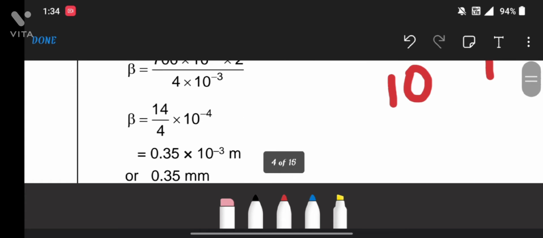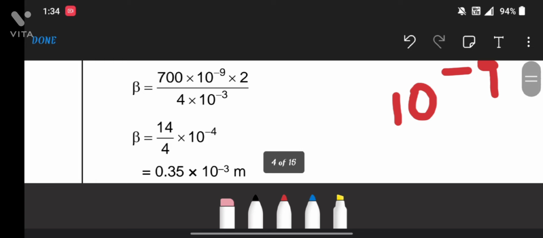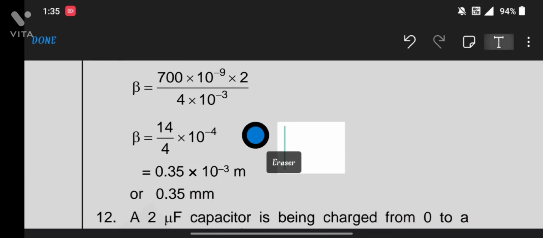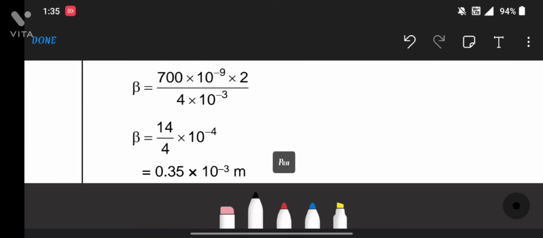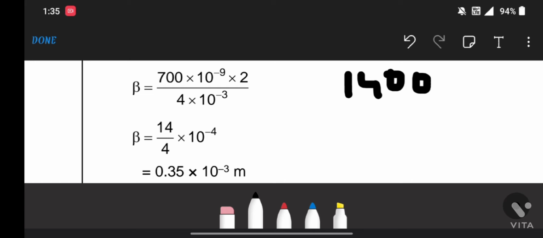Now, if we solve this, 700 into 2 we get 1400. Sorry, handwriting is not nice.